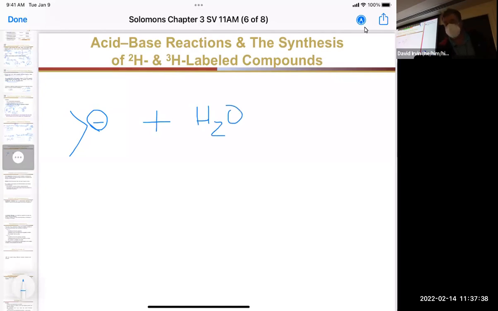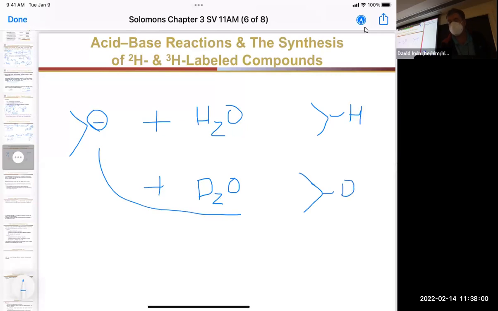And if we did this, we'd end up with a hydrogen right there, right? Okay, what if we instead used a different isotope of hydrogen? We use one that's a little heavier. What if we used deuterium oxide? Ooh, that's cool because when we reacted that anion with deuterium oxide, we'd end up with a deuterium here.